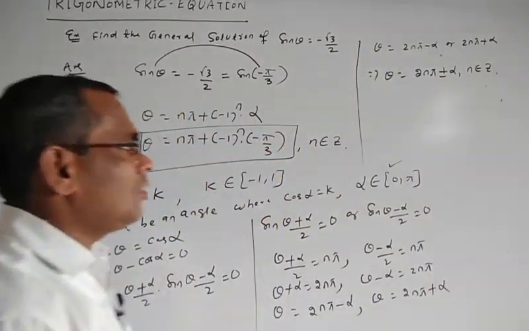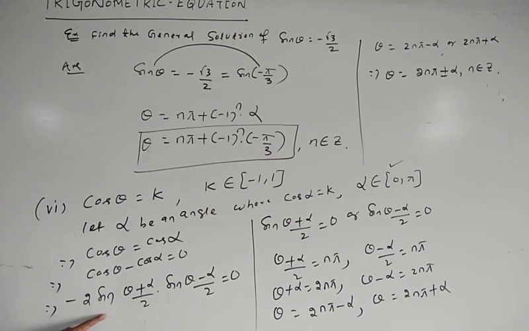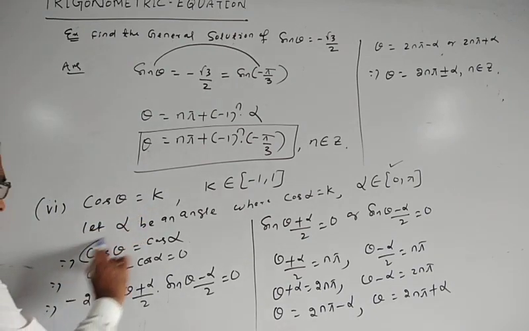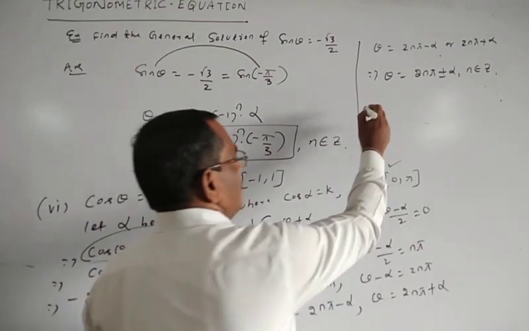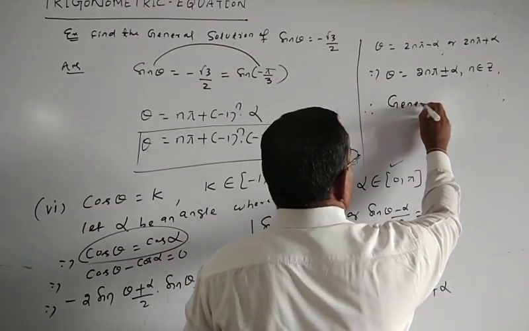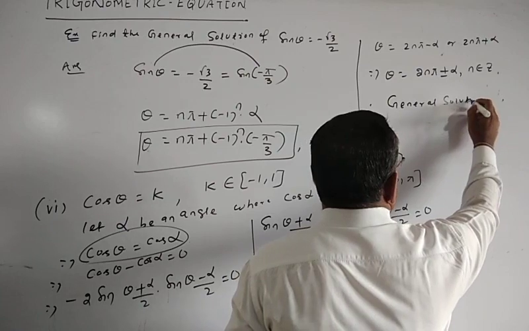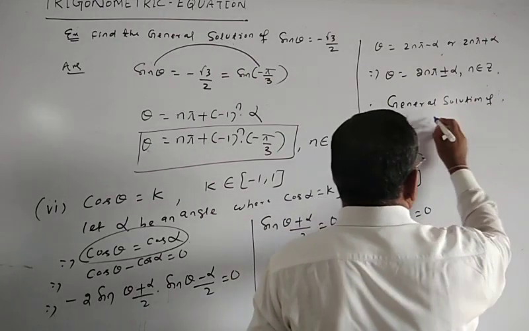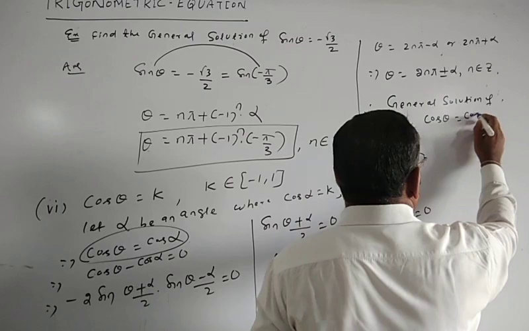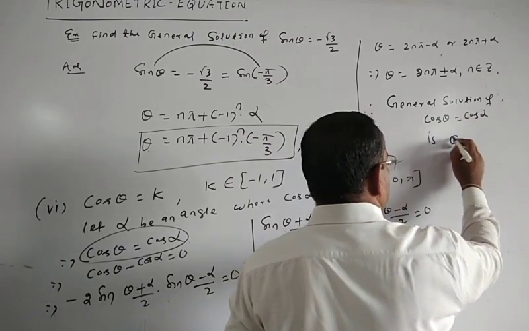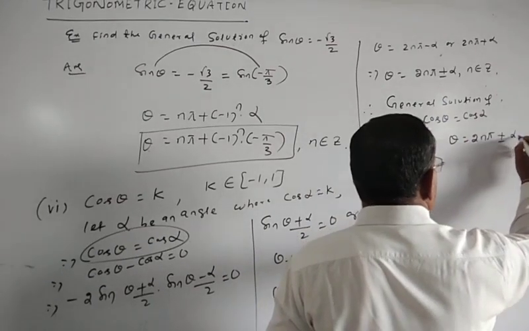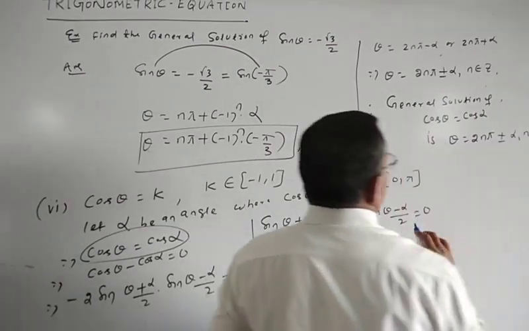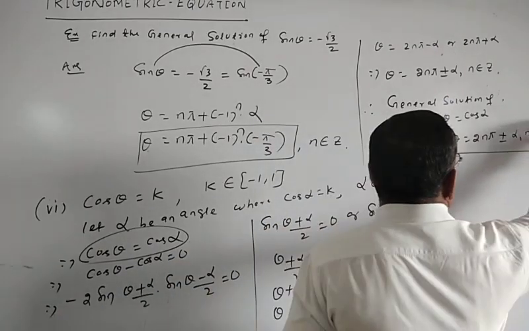Therefore the general solution of cos theta is equal to cos alpha is theta is equal to 2n pi plus or minus alpha, where n belongs to Z set.